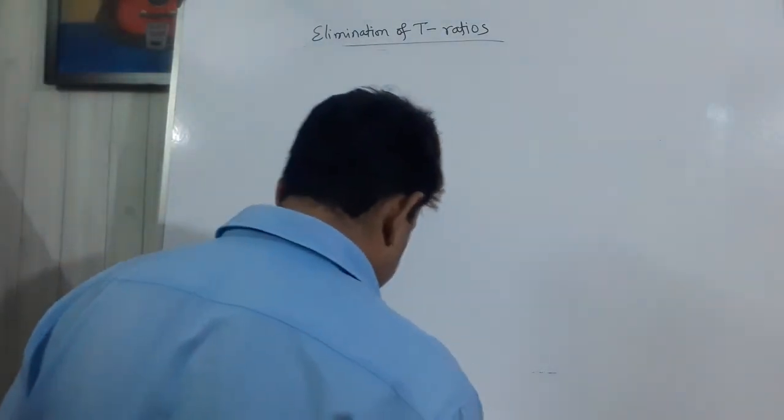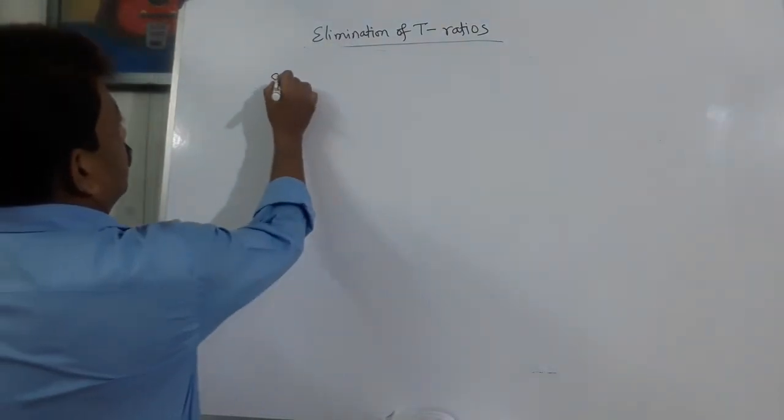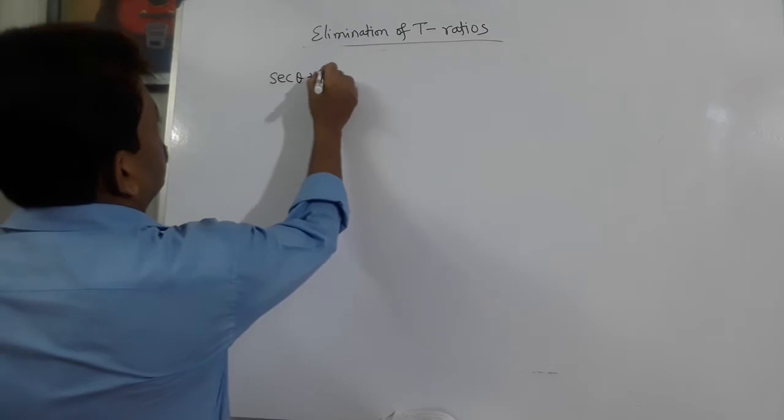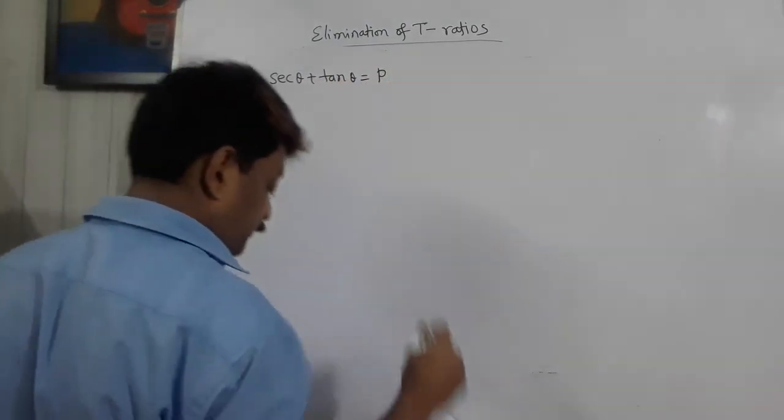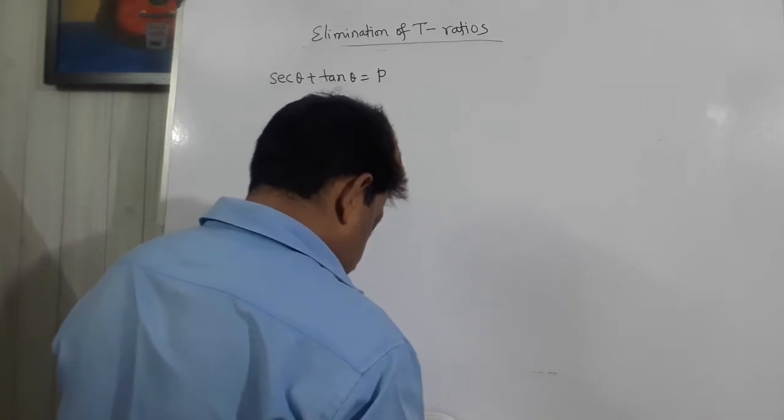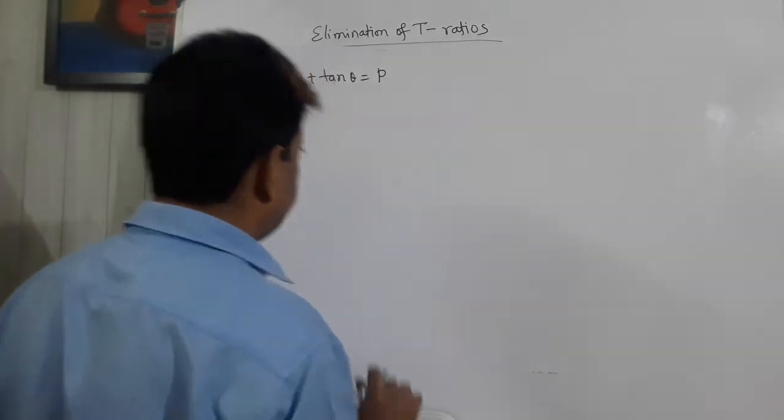It is given in the question that sec theta plus tan theta equals P. We have to prove that.